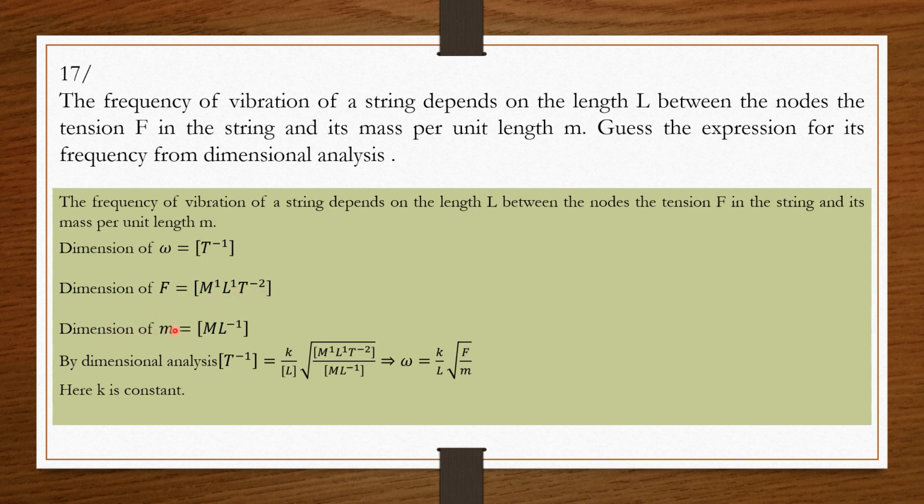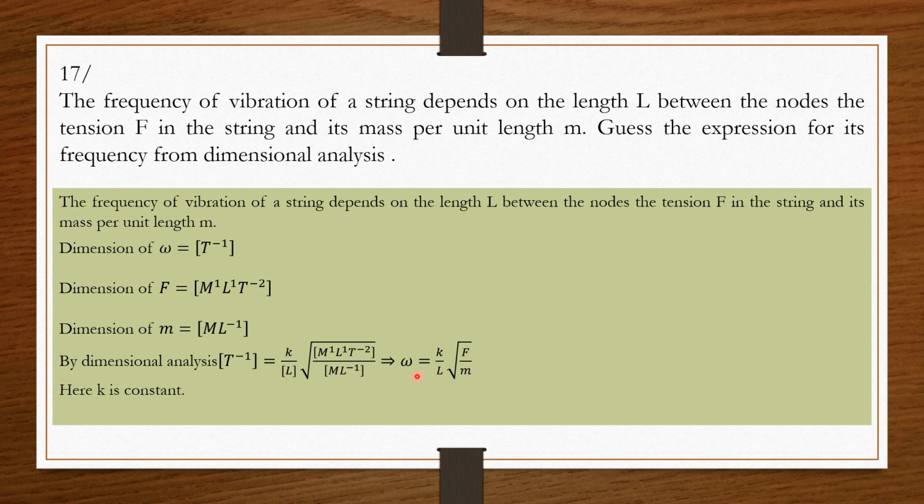Dimension of m, that is mass per unit length, is m l to the power minus 1, and by dimensional analysis we can get the result as t to the power minus 1 can be written as k by l root over of m1 l1 t minus 2 by m l to the power minus 1.